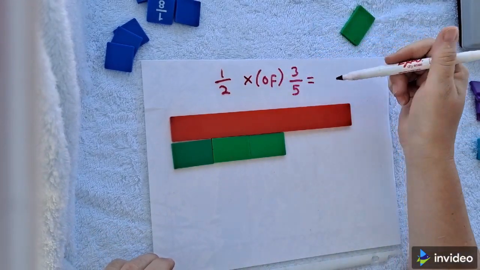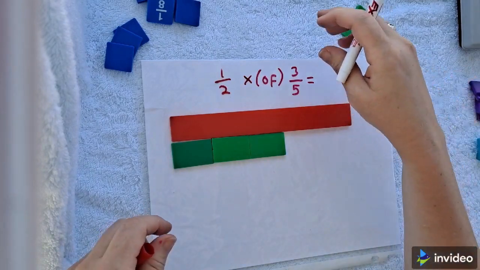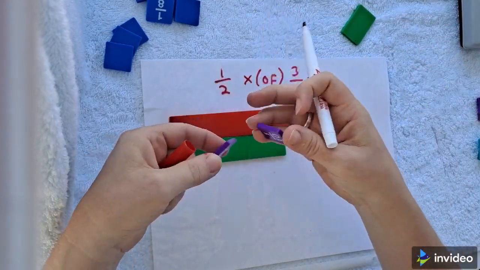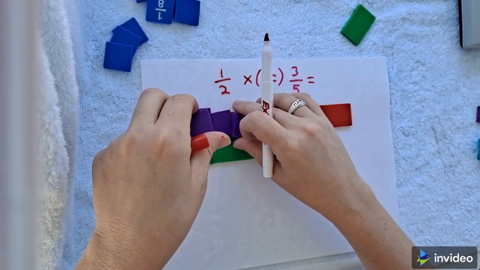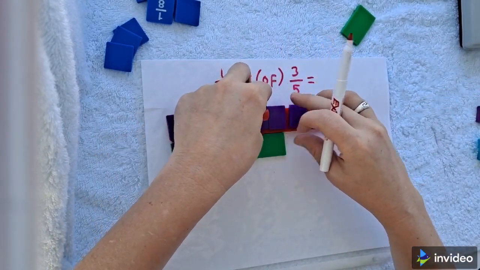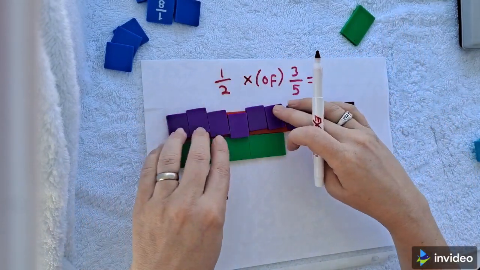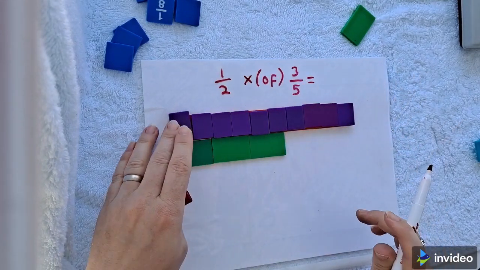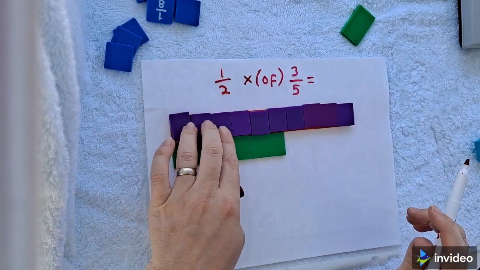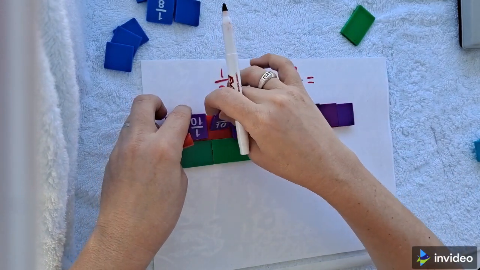So if we have 1/2 of 3/5, well, we can't divide it here, so we have to trade it into what we can divide it into. Well, we can divide it into tenths, right? And if we broke it into tenths, then we'd have an easier time finding out what is 1/2 of 3/5. Well, we can see that 1/2 of 3/5 is actually 3/10, right?